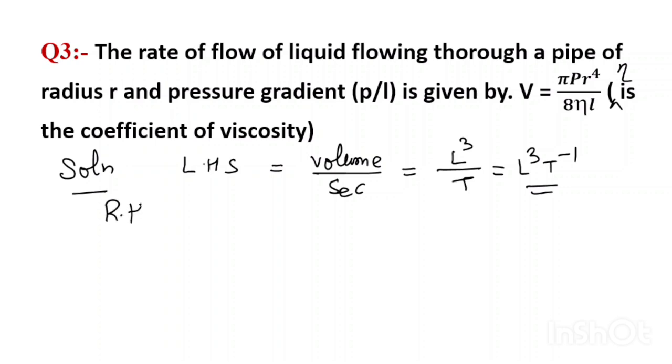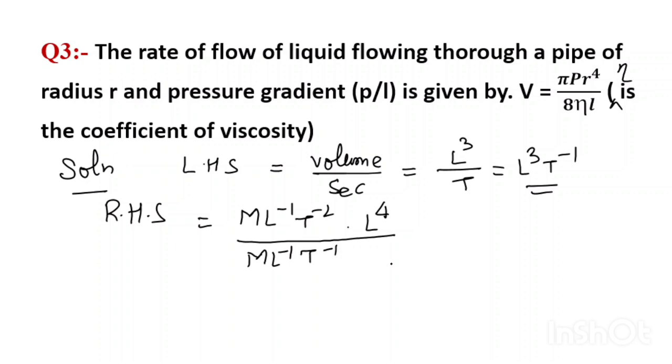Now come to right hand side. Pi constant, no dimension. P pressure, dimension of pressure is M L minus 1 T minus 2. The dimension of radius is L, so this is L power 4 upon coefficient of viscosity M L minus 1 T minus 1 into length L. M cancels. Now in numerator L power minus 1 plus 4 into T power minus 2.